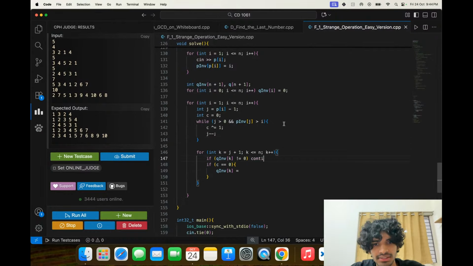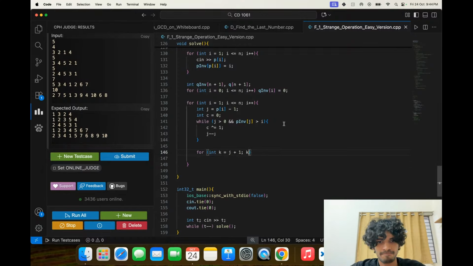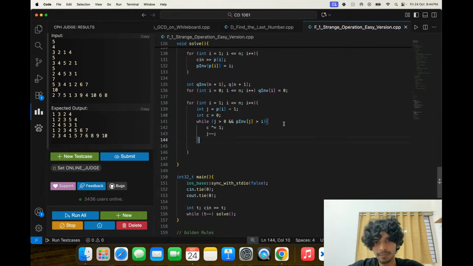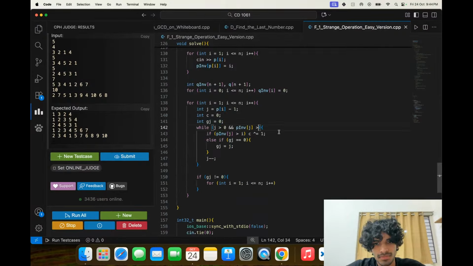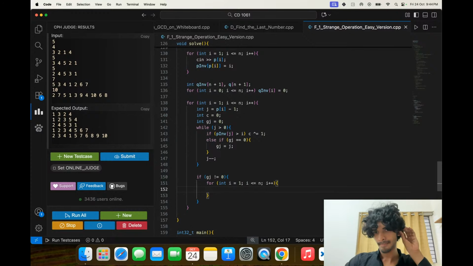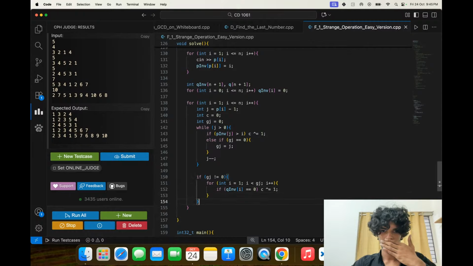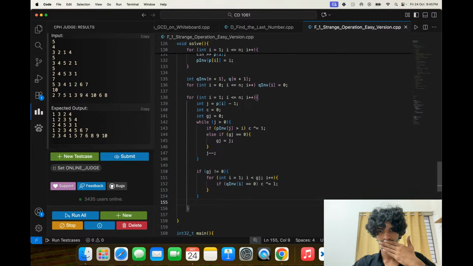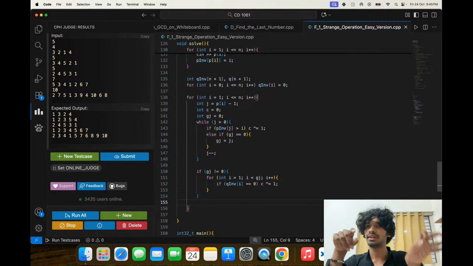I think the previous one was better. These many red things were before, now these many red things have gone.